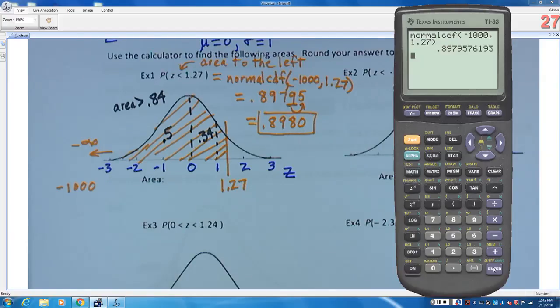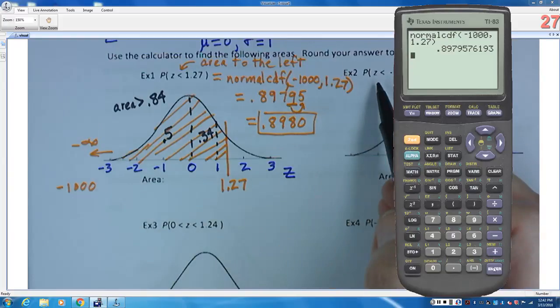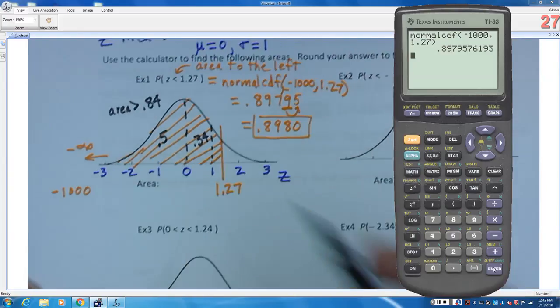So what we're doing on these are all Z, finding probabilities of Z under the standard normal curve.